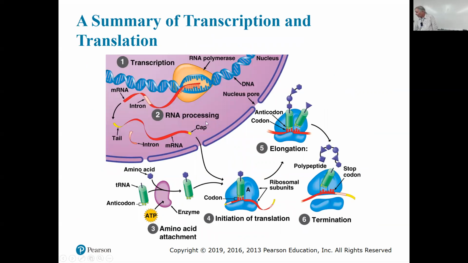Transcription, RNA processing, amino acid attachment. Well, this happens someplace else in the cytoplasm, where the amino acid attaches to the correct tRNA. Initiation of translation: AUG, the first initiator tRNA attaches. Elongation: the ribosome moves along and reads every codon in order, and the correct tRNA comes along to bring the correct amino acids.